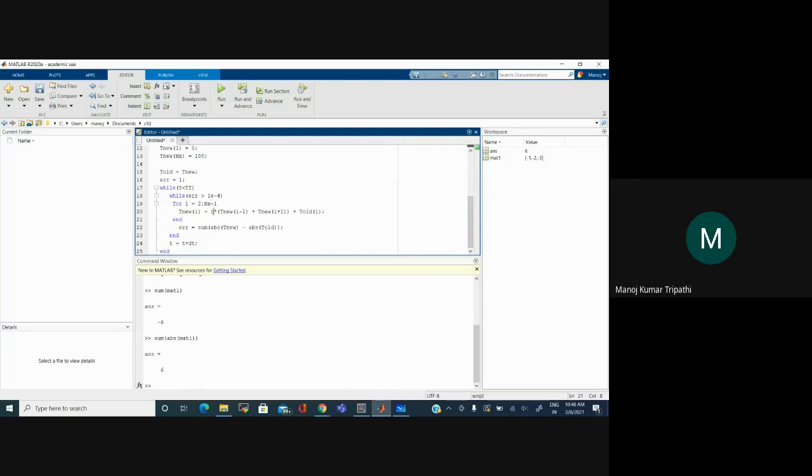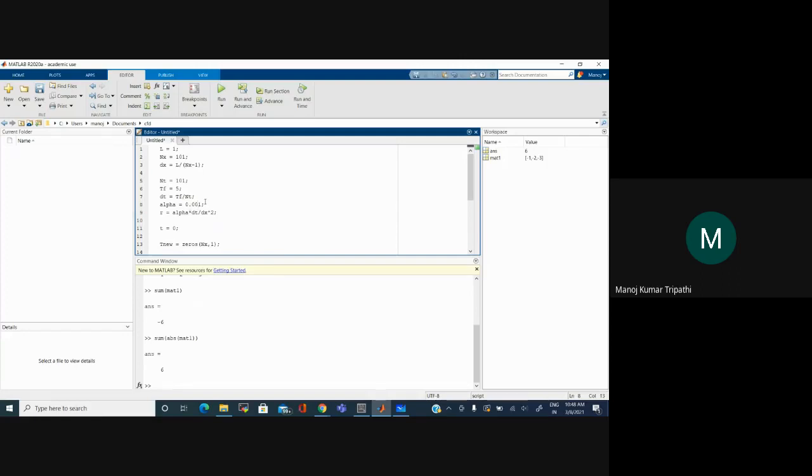Okay. We need to define this R value. Let's do it here. Alpha dt by dx square. And what is alpha we need to define? Let's say 0.001.